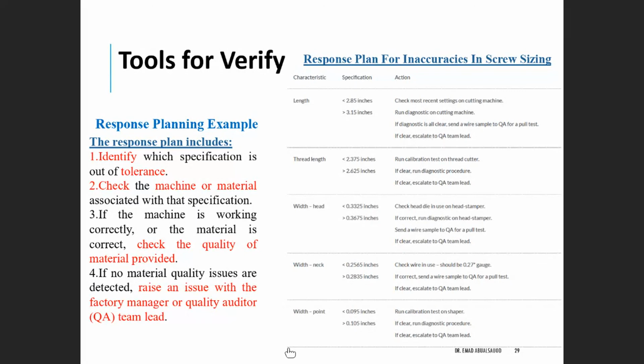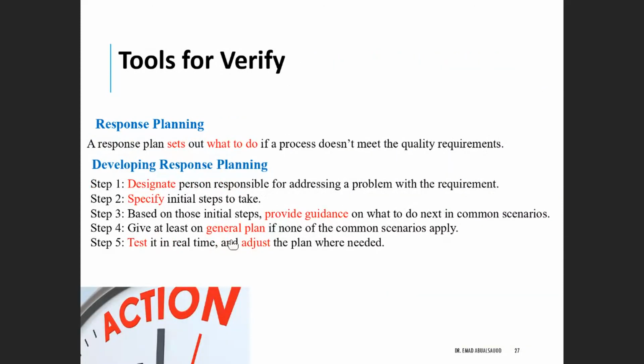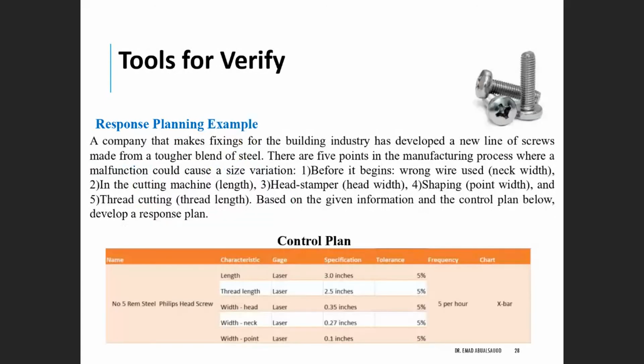Remember, when we talked about the steps of response planning, we said you have to provide guidance. At the same time, you have to put a general plan if none of those scenarios apply. And this is what they did.